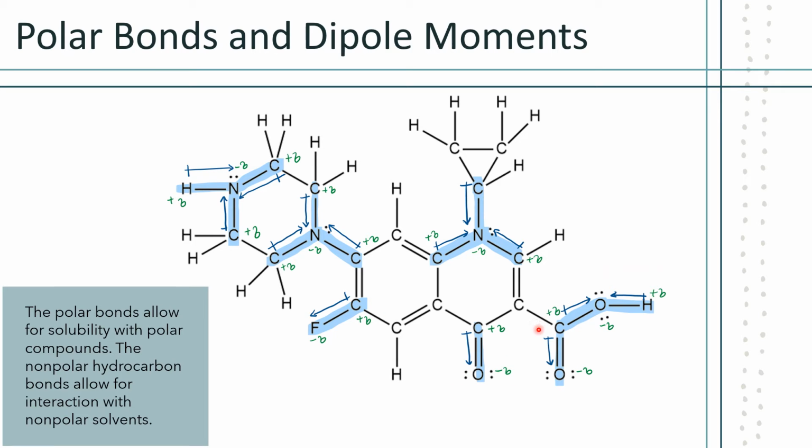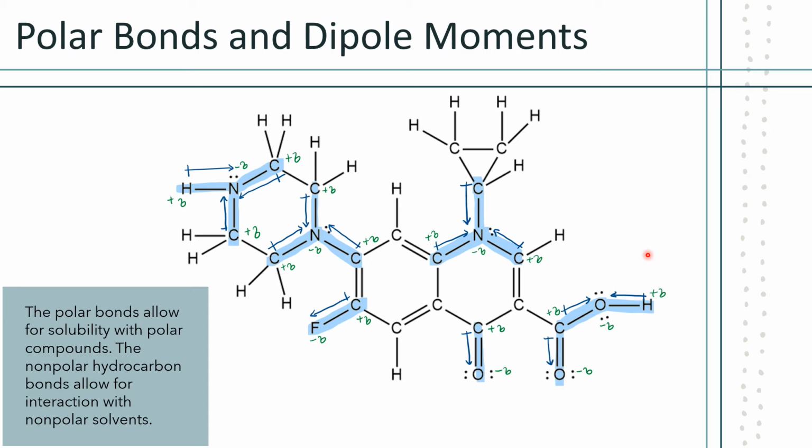Here at the carboxylic acid, we can observe the same thing, with the carbon being partially positive and the oxygen being partially negative. Here with this oxygen, both dipole moments are pointing towards the partially negative oxygen, so both the carbon and the hydrogen are partially positive.